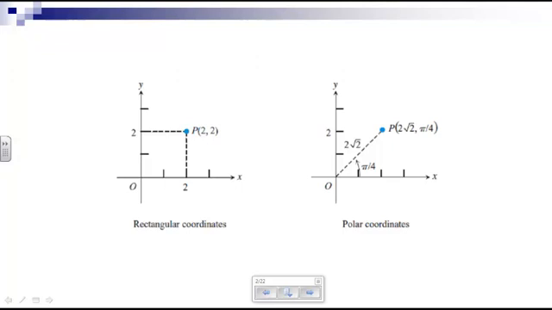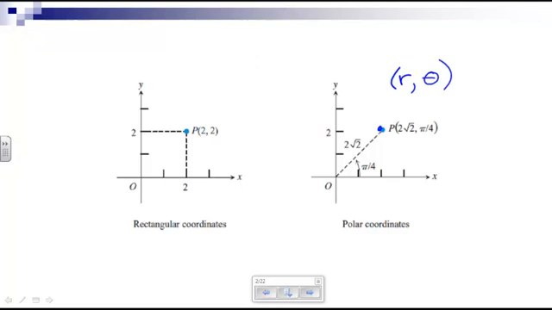Rather, it's a description of a rotation, an angle, which we'll call theta, measured from the positive x-axis, and a distance from the origin, r. So we'll describe every point in the polar coordinate system by a value r and a value theta.